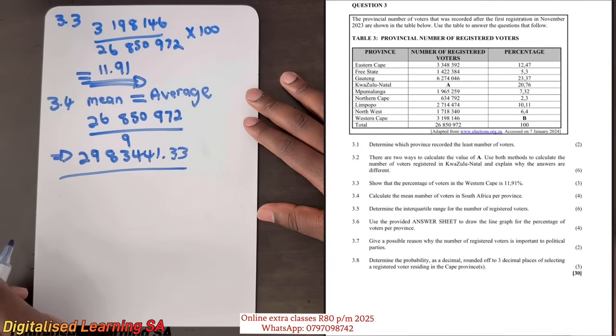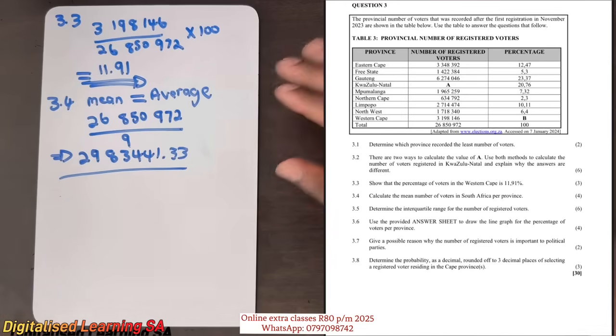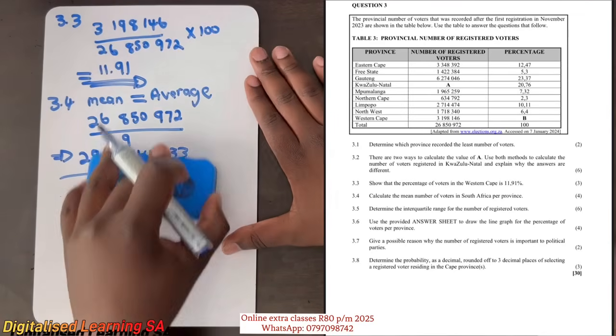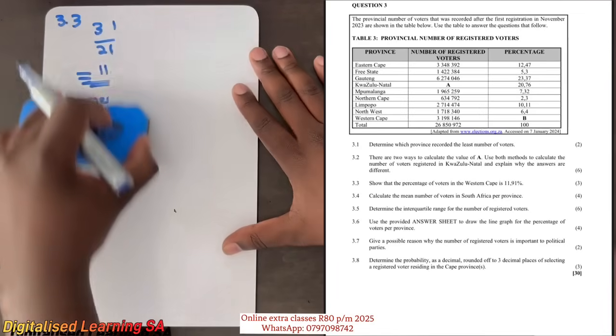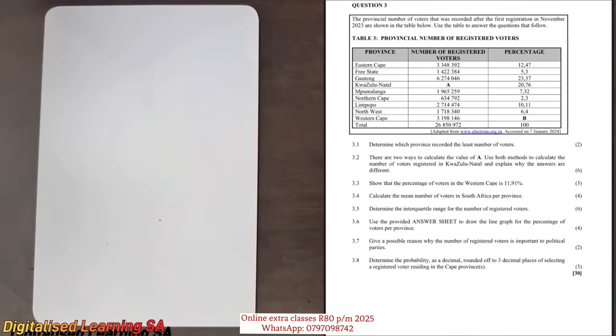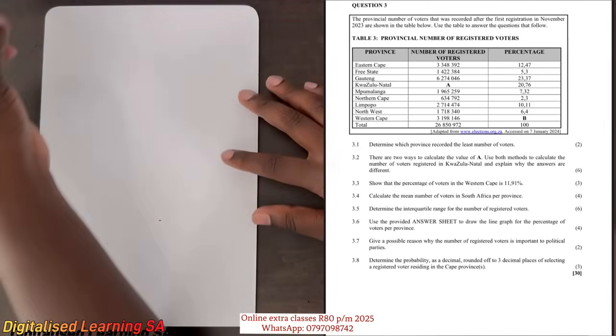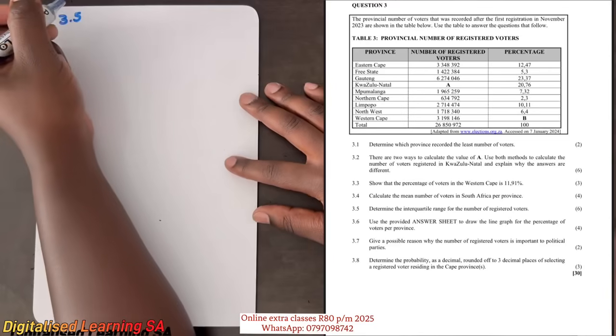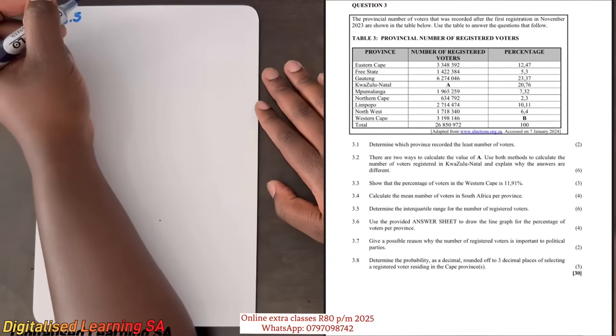So now let's go ahead and answer question 3.5. But before we do, let's make space because it will need a bit of space. Question 3.5 says determine the interquartile range for the number of registered voters.